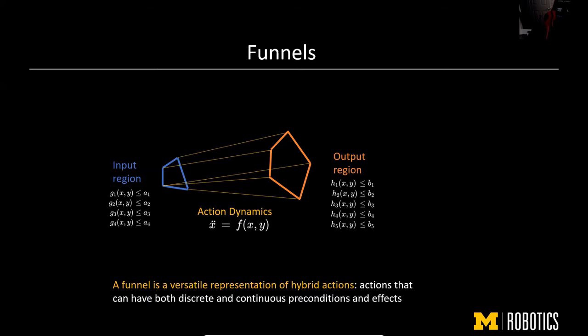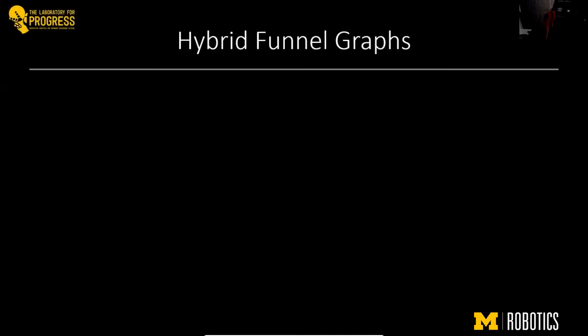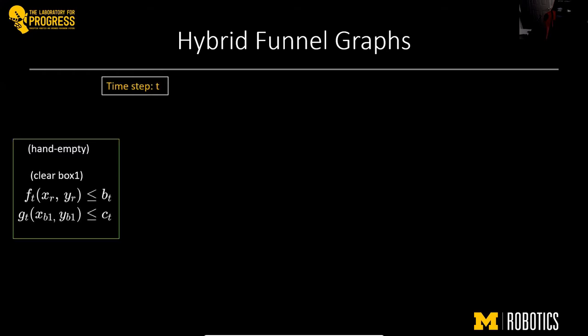Given this representation of actions as funnels, we then build a hybrid funnel graph. At some time step level t, we have a state level, and a state level is a set of all the symbolic propositions at that level, as well as all of the continuous regions that represent the possible values of the continuous variables.